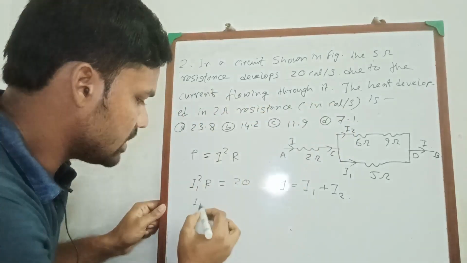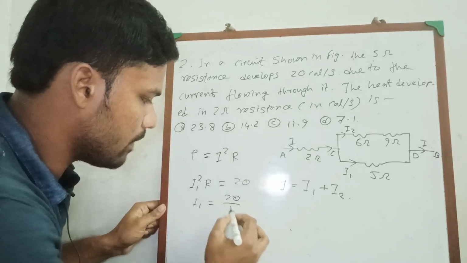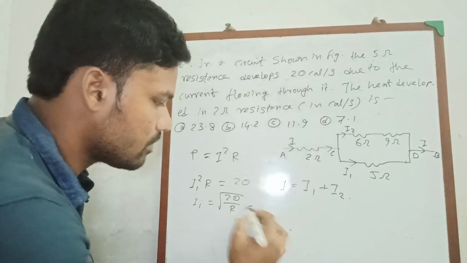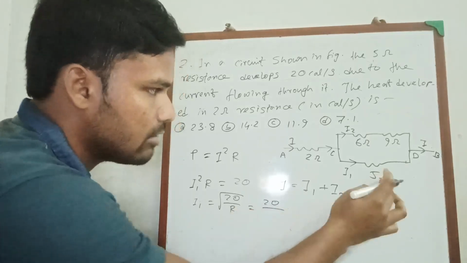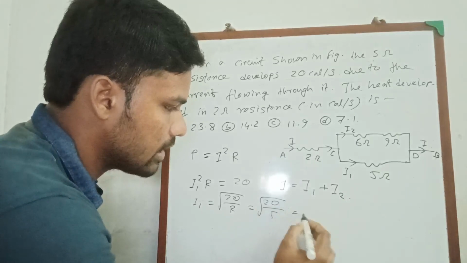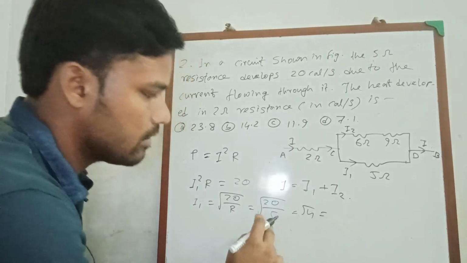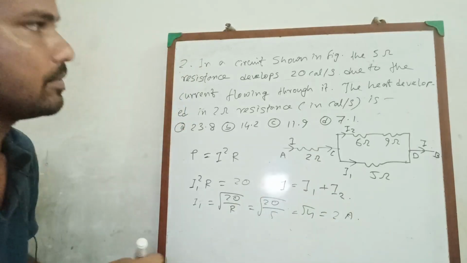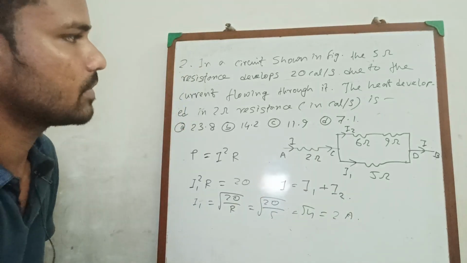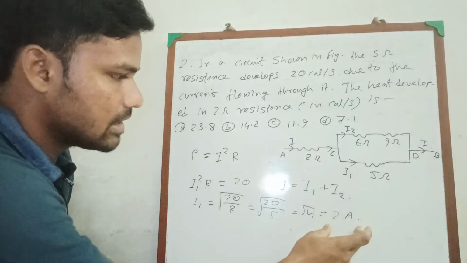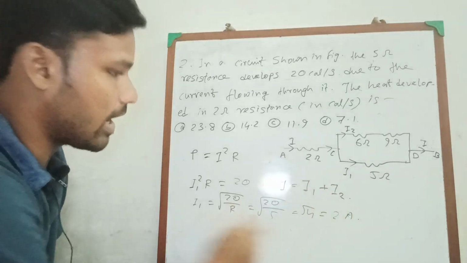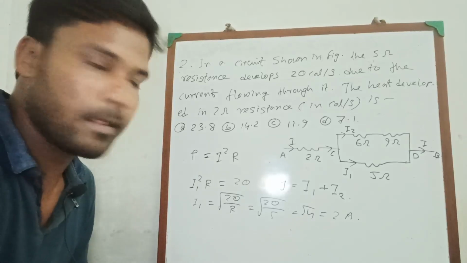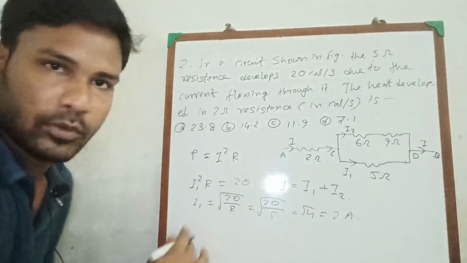So I1 means root over 20 by R. The R value is 5, so that is 4, that is 2. Okay, 2 ampere. So this is our current here.